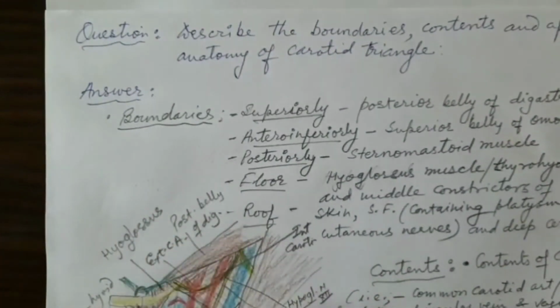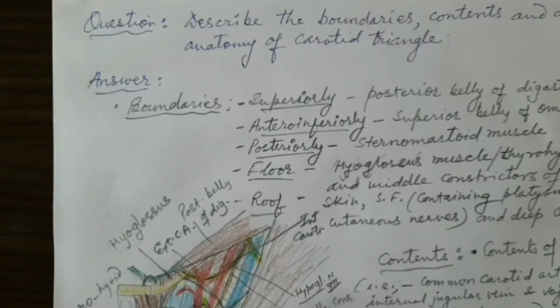Applied anatomy is in relation to the enlargement of the jugulo-digastric and jugulo-omohyoid lymph nodes, which are deeply situated, in cancer of the surrounding area to which these lymph nodes are draining, mostly from the oral cavity. Okay, and in the surrounding area, this lymph node will get enlarged.